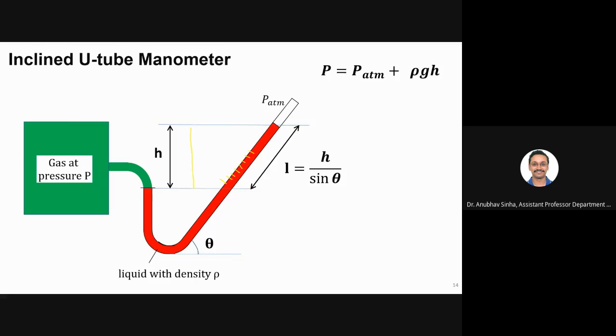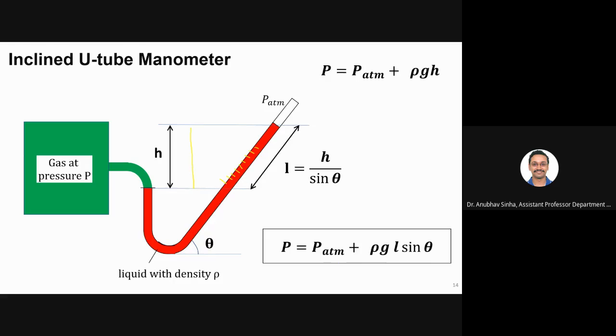If you have an inclined one, you have more points, so you can read a little more precisely. It is not very different, but slightly more accurate or easier to read than the straight U-tube. And we can replace h in this equation by L sin theta. That's all. Any questions on this, or should we go ahead?